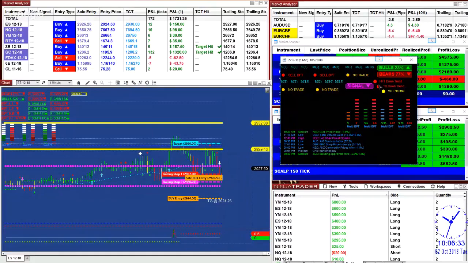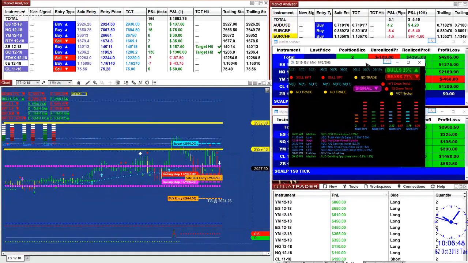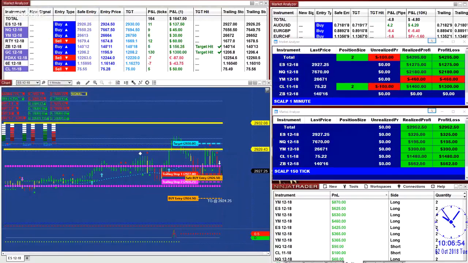Then we are measuring the higher time frame, targets, and volatility. Then we are measuring the buyers and the sellers, institutional and retail. So right now, I can see that the ES has lost all the pressure to the upside. So there is no more trade on the pullback re-entry, and we are waiting on the auto trade to take a new signal.